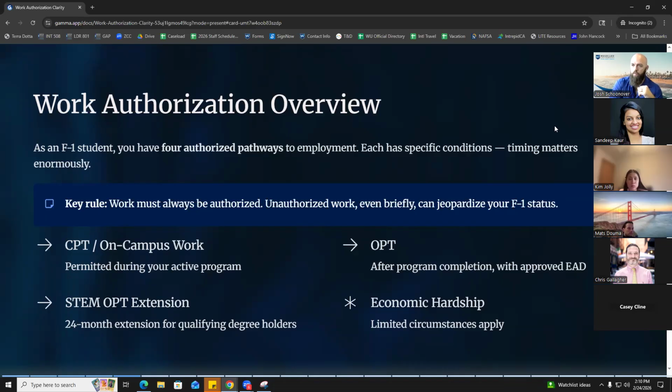The one other way that I'll just touch on very briefly that an international student can work is if you get approved by USCIS for economic hardship. There are very specific eligibility requirements for this.